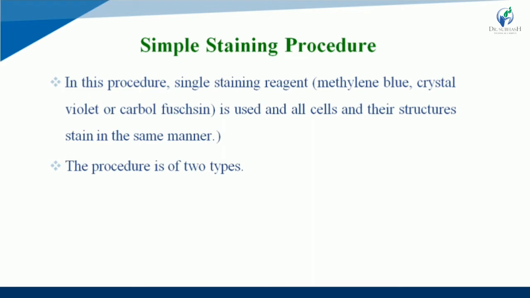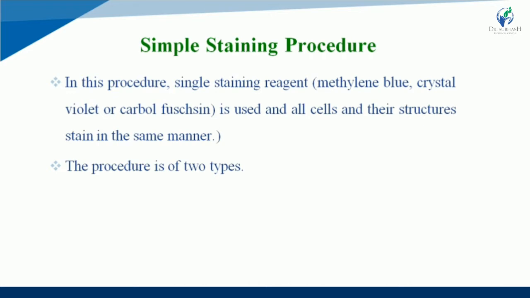Simple staining procedure. What is this staining procedure? In this procedure, a single staining reagent, for example methylene blue, crystal violet or carbol fuchsin, is used and all cells and their structures stain in the same manner.